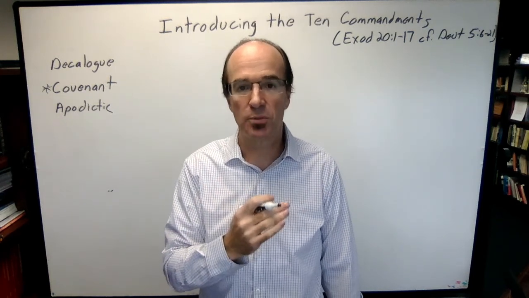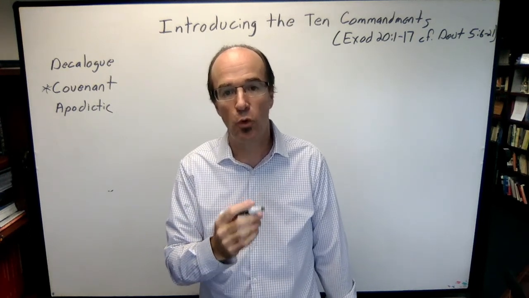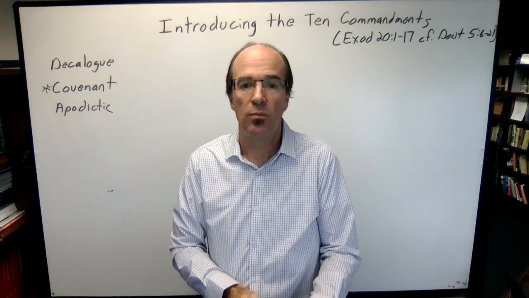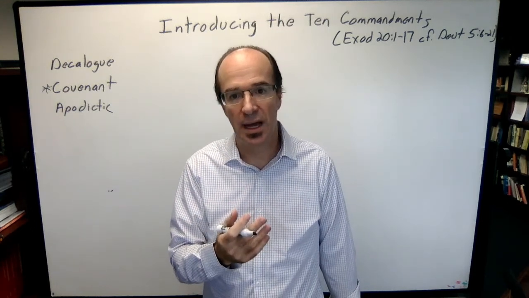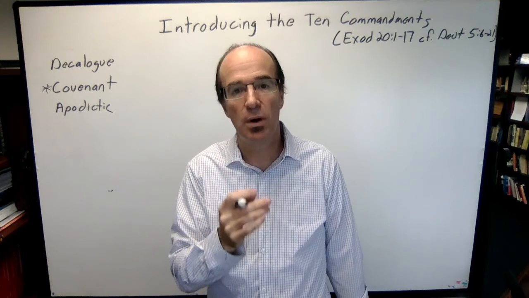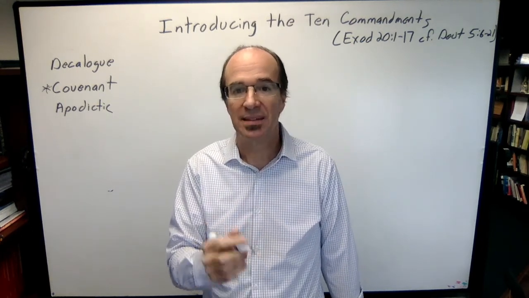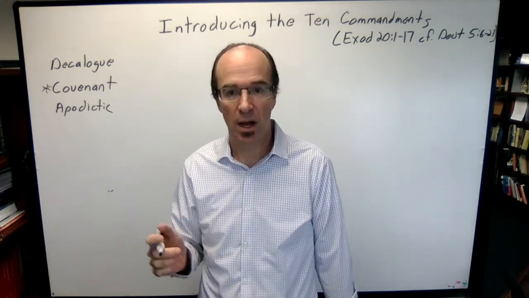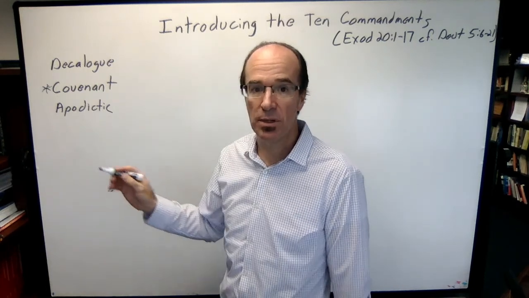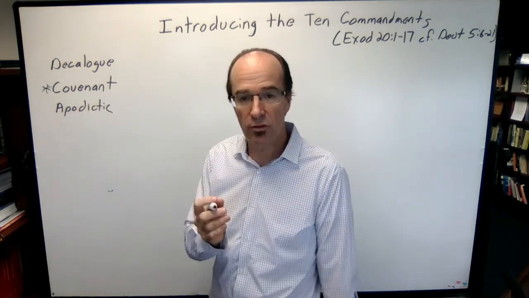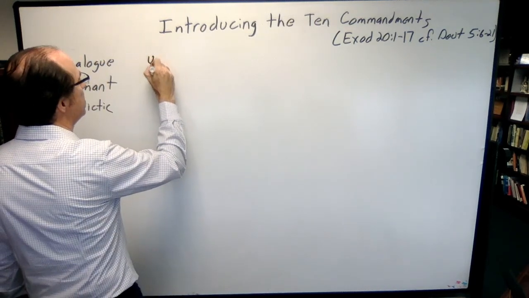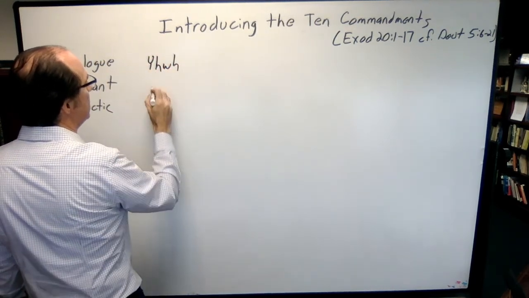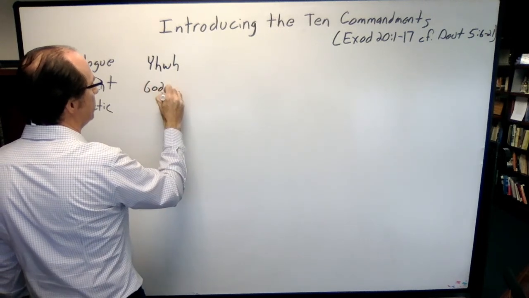Back in Exodus chapter 19, verses 4 and 5, God had said through Moses to the Israelites, "Therefore, if you listen to my voice and keep my covenant," right? And so the Ten Commandments assume a covenant relationship between Yahweh and God's people.